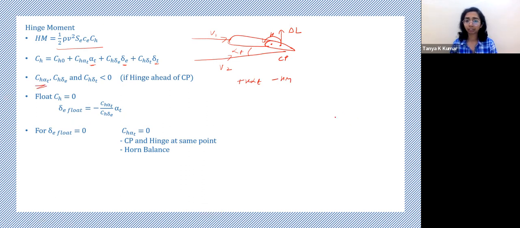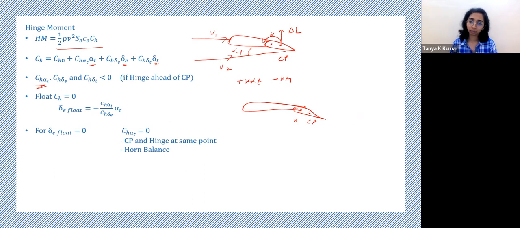Now let's see the effect of elevator deflection. Let me just draw this again. Elevator deflected downwards. This was your hinge. This is your CP, and this is a positive elevator deflection.